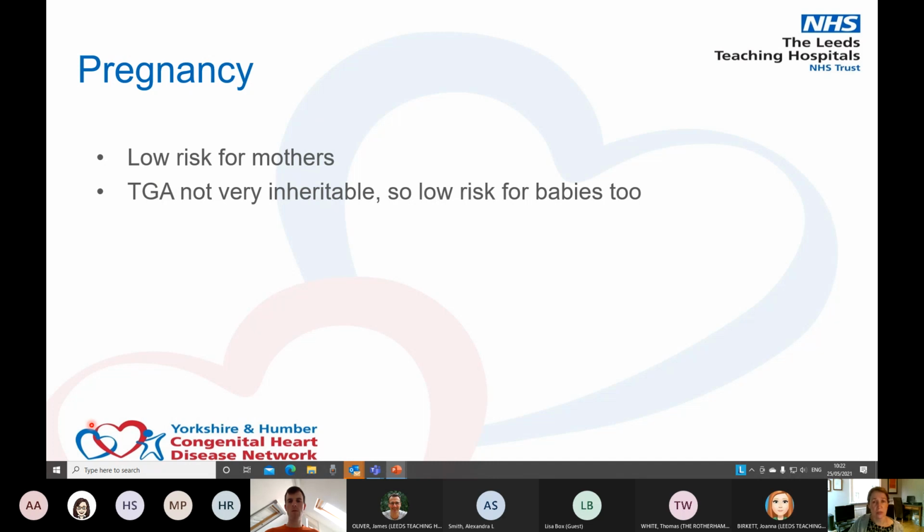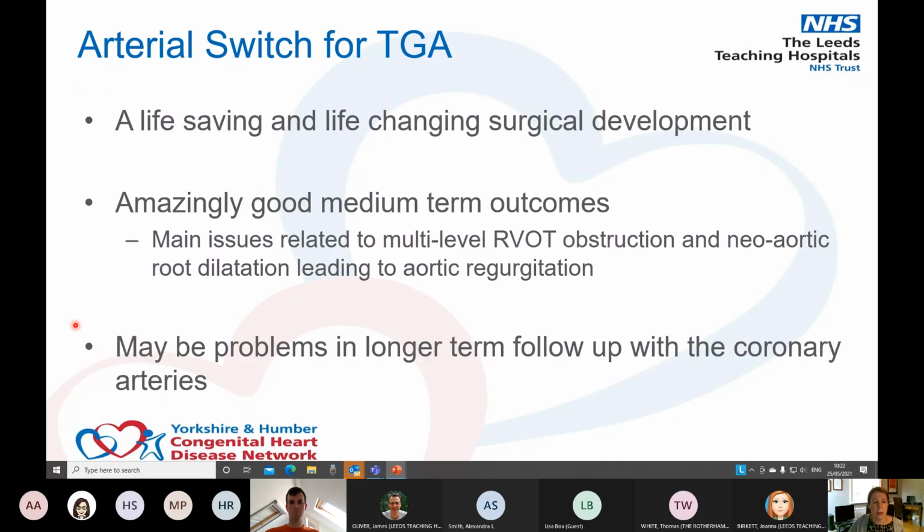So if they've got no significant issues in terms of right ventricular outflow tract obstruction or significant aortic regurgitation or significant aortic root dilatation, then pregnancy generally is low risk. And the other good thing is that transposition is not very inheritable, so it's one of the least inheritable conditions. So the risk for babies being born with congenital heart disease themselves is low as well.